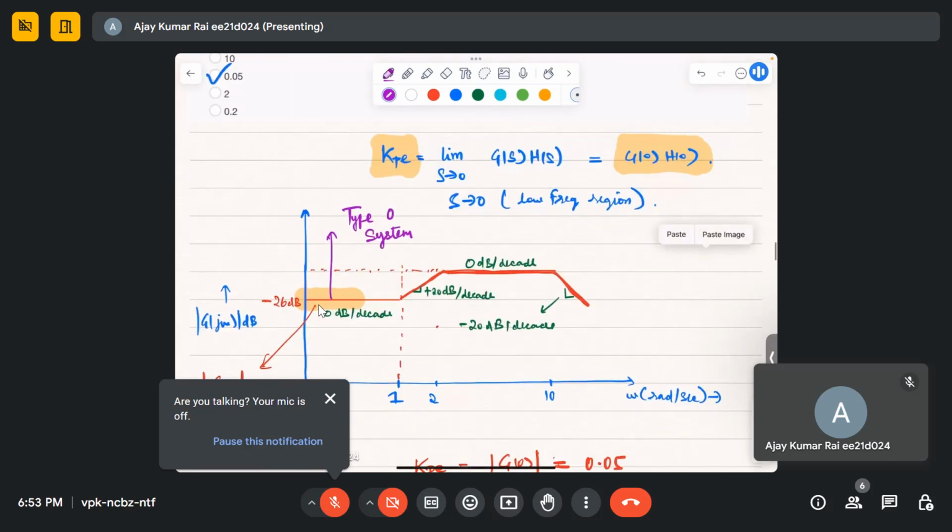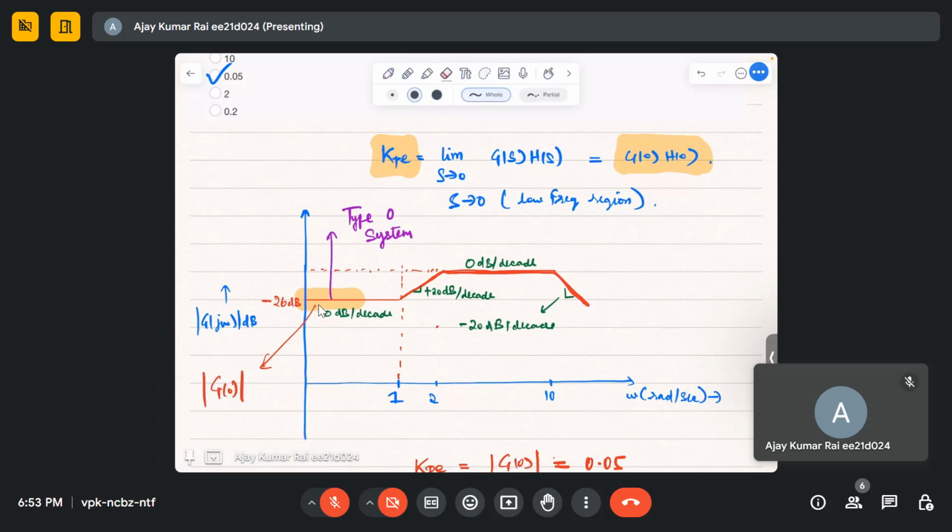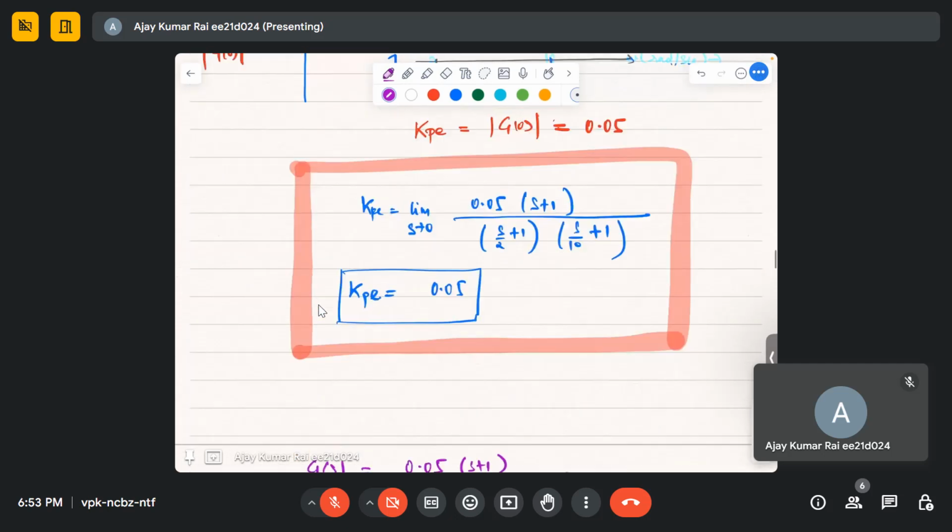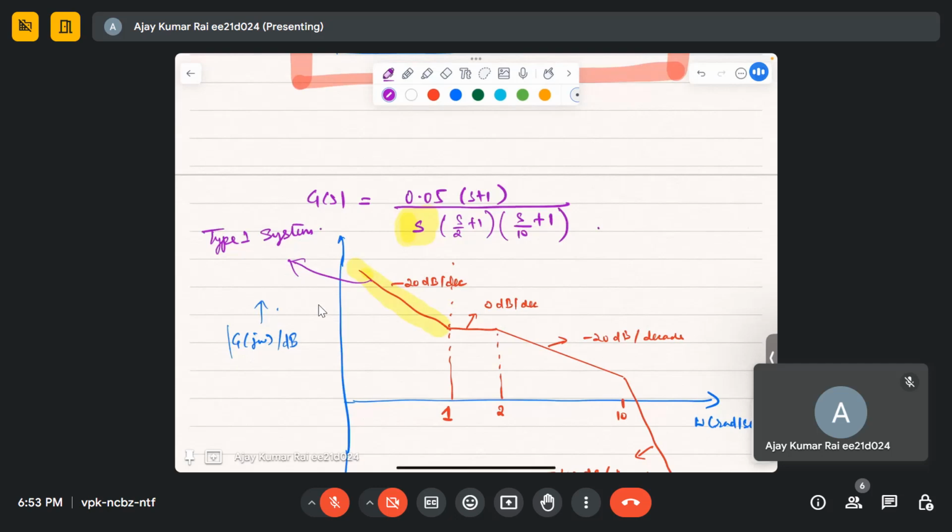And also just by looking at the plot we can comment on the type of the system. Here the slope is 0 dB per decade. Also I have shown the type 1 system: I just changed the transfer function, included a 1 by s term, and what will be its impact on the Bode plot that I have shown here.